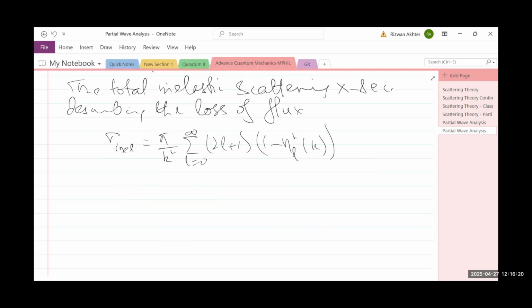For example, the integral we wrote here, pi over k square for the inelastic part: if I say eta_L of k equals 1, then there would be no inelastic scattering. But if eta_L of k equals 0, it means we would have total absorption, that is, total inelastic scattering, and there would not be any component of scattering, because if all of the incoming particles get absorbed then there would not in fact be scattering. Thus, if eta_L of k is equal to 1, there is no inelastic scattering.